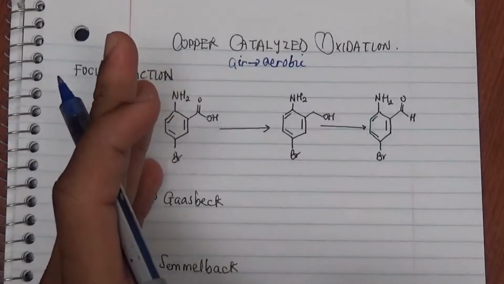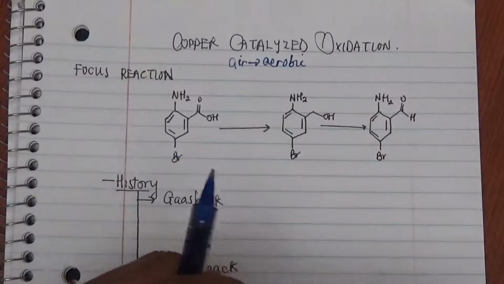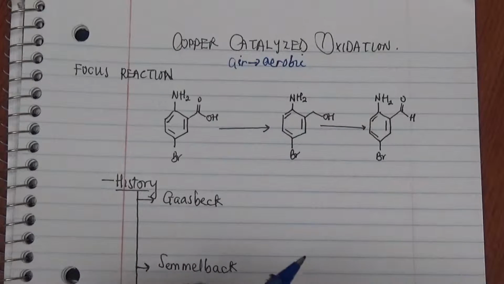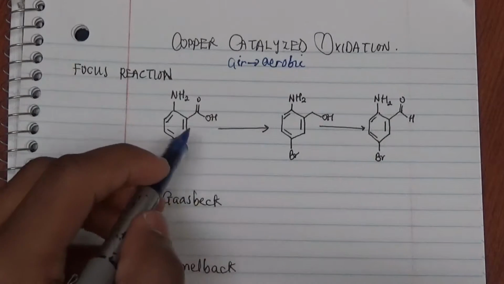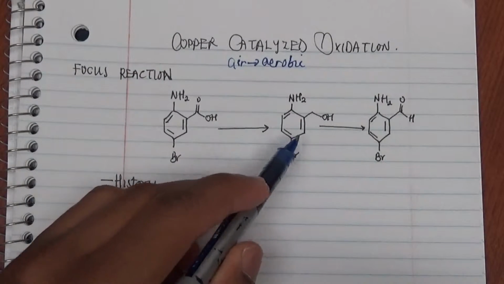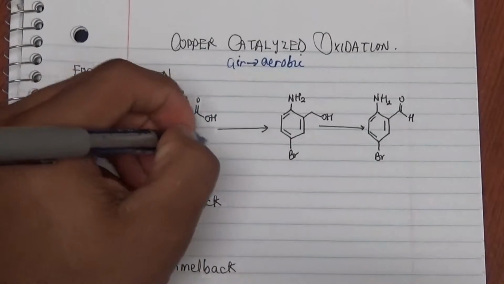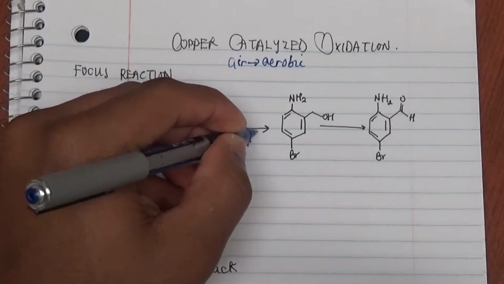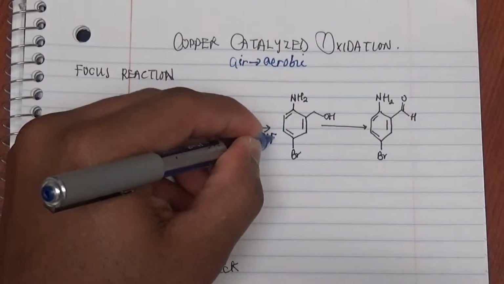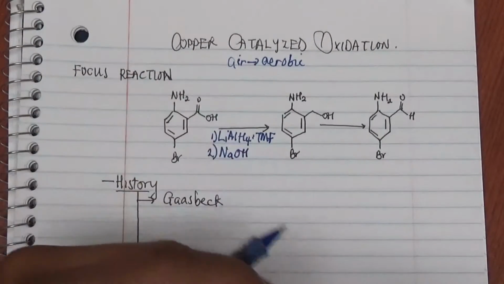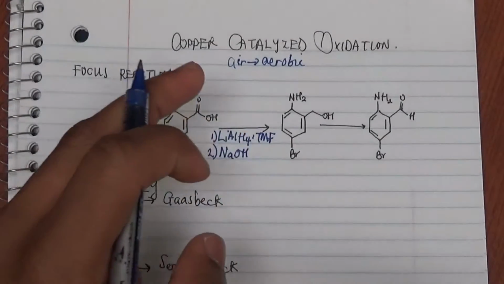So what do you know about oxidation in organic chemistry? We know that we need to transition from alcohol to aldehyde and to carboxylic acid with the presence of various reagents. Like for example, we have the transition going from aldehyde back to alcohol, which is a reduction process, and this requires lithium aluminum hydride in THF, and then you need sodium hydroxide to quench this reaction after you're finished reducing.